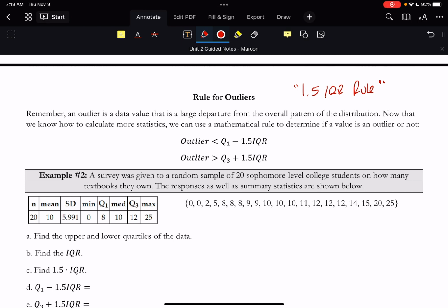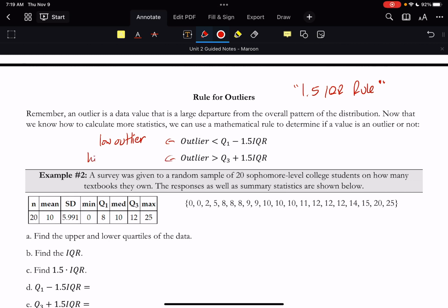So the first step is that you need to find your IQR, your lower quartile and your upper quartile. A low outlier is going to be a value that is less than Q1 minus 1.5 times the IQR.